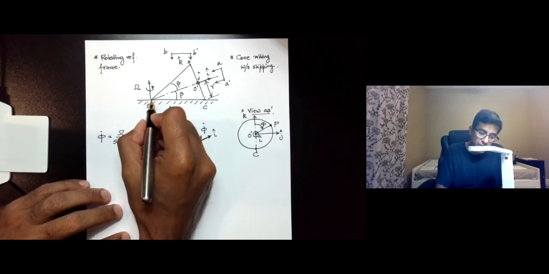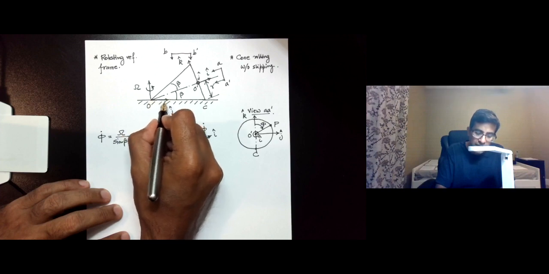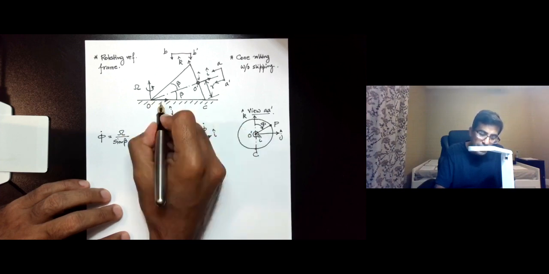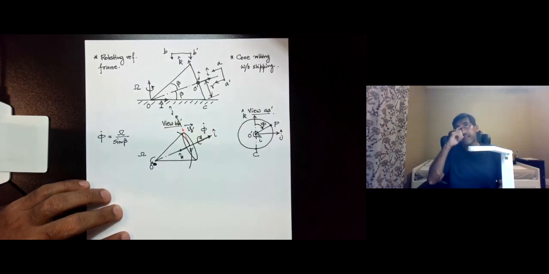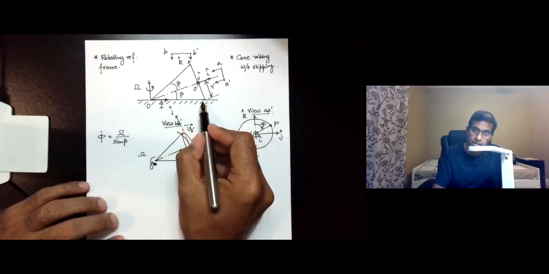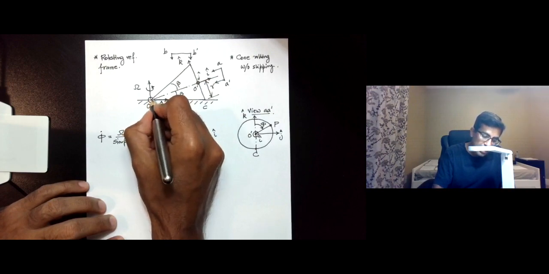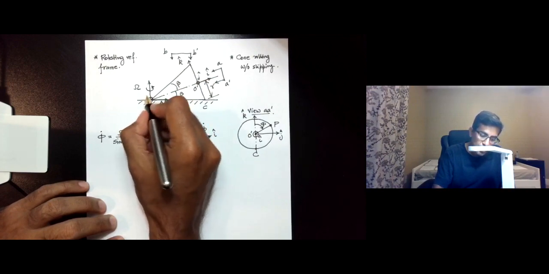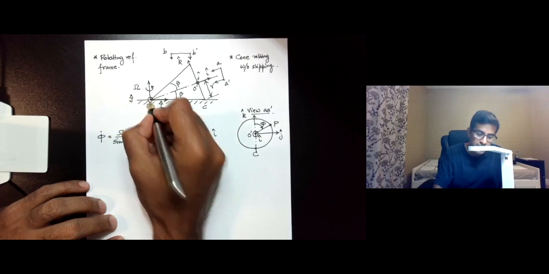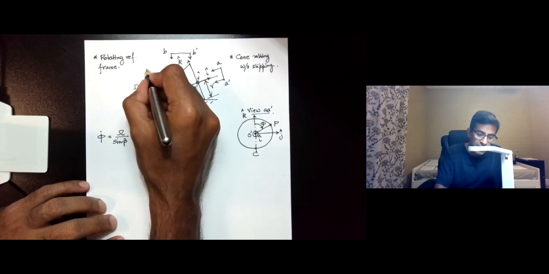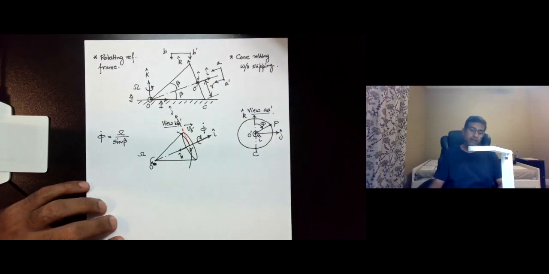Our previous rotating reference frame was like this. It was such that our unit vector I was directed along the line of contact of the cone with the ground. J was directed into the surface of the page in this side view, and K was always directed upwards along the vertical.